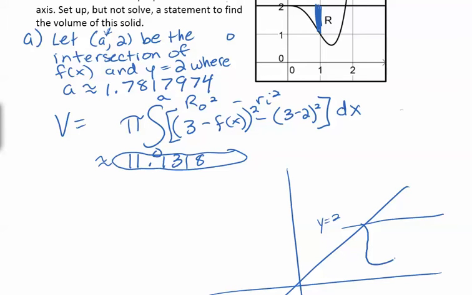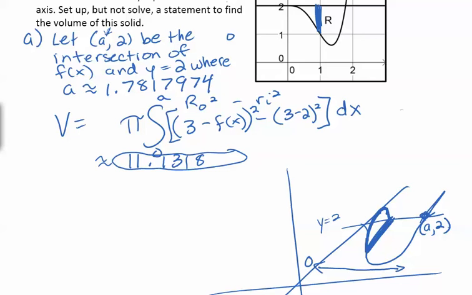So we would have some sort of region like this, and then what we're building here is this Riemann rectangle, and every one of those Riemann rectangles is going to have a semicircle built on top of it. So this represents many of these cross sections as we go across from 0 over to our A value here. So again, in part B, we don't have to rework A.